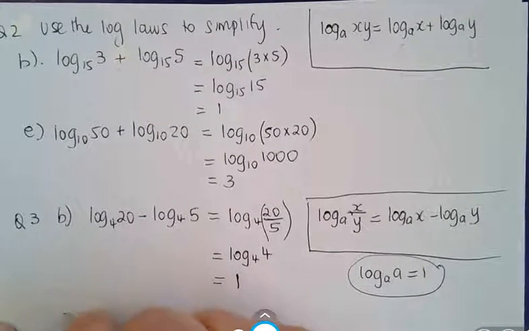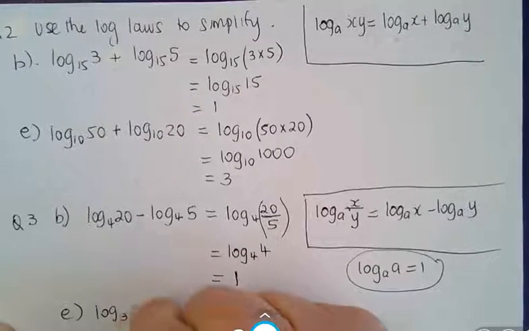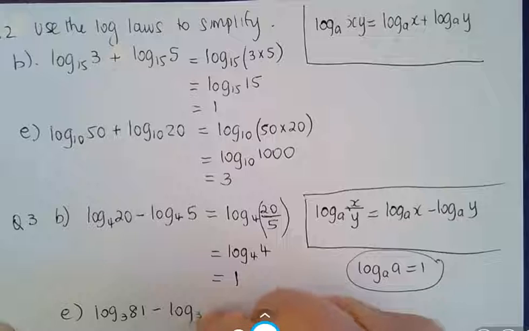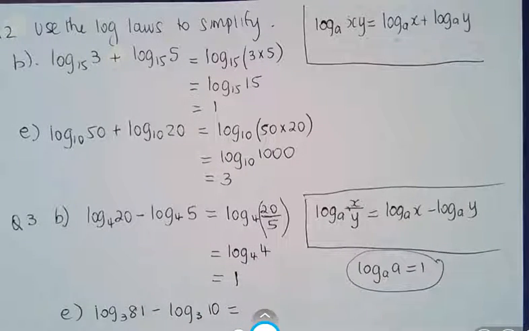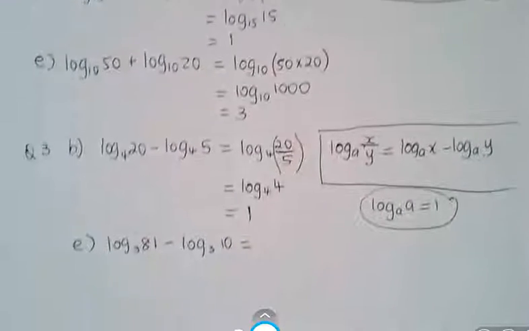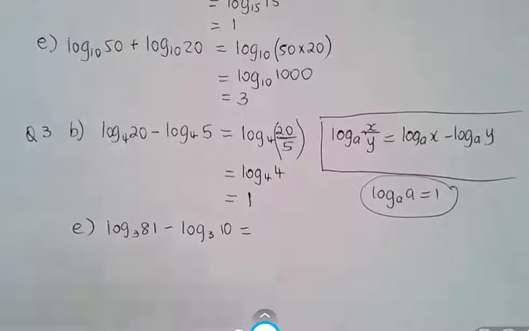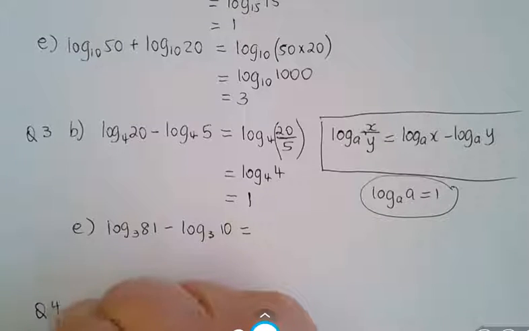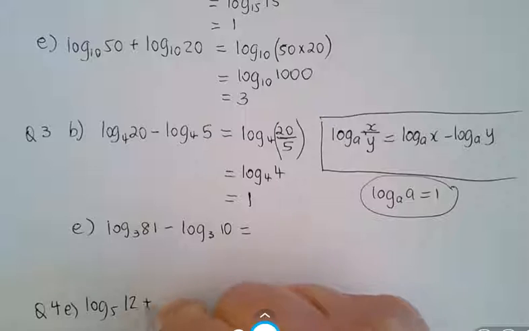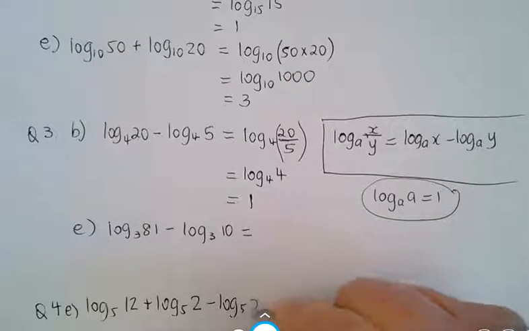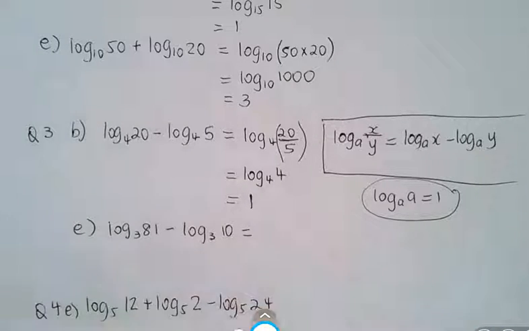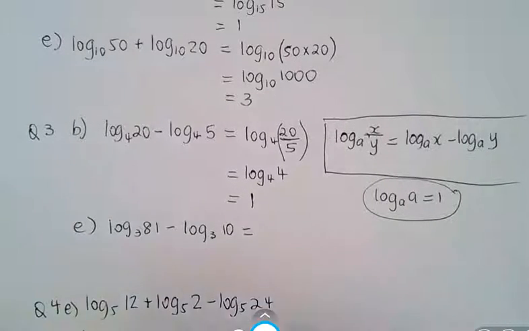Question E. Log to the base 3 of 81 minus log to the base 3 of 10. Okay, what do we do here?